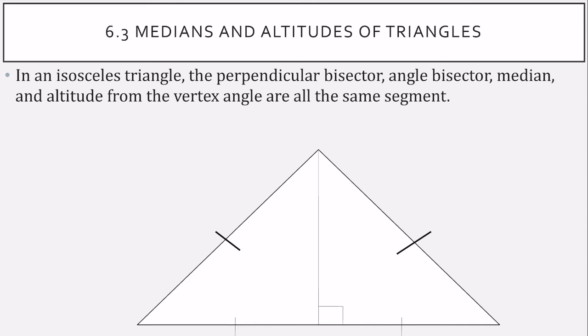But the two smaller triangles that are made are congruent by HL, or if you'd like SSS or whatever. By CPCTC, those angles at the vertex angle would be congruent, so it's also an angle bisector. It goes from the vertex to the midpoint of the other side, that makes it a median. And it goes from the vertex angle perpendicular to the other side, that makes it an altitude.